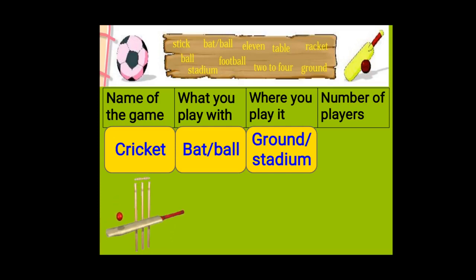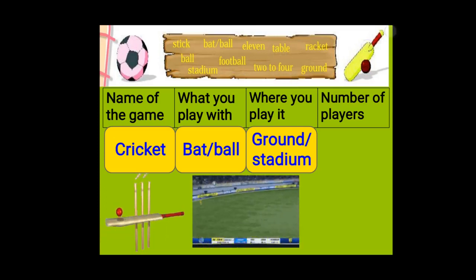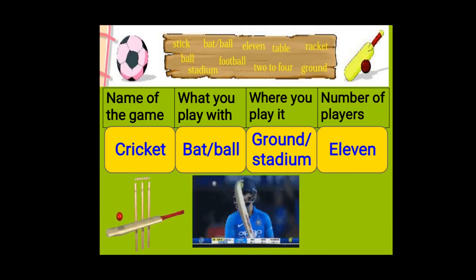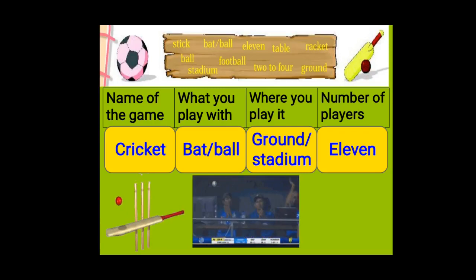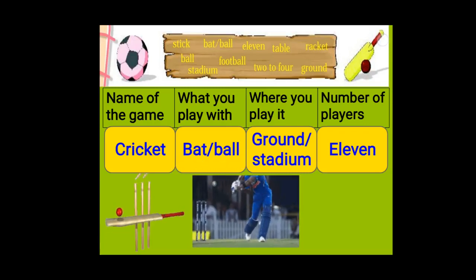Then at last, number of players. How many players are there in one team when you play cricket? There are two numbers given here, 11 or 2 to 4. Which one is correct? It is 11. So, in cricket, you play it with bat and ball.